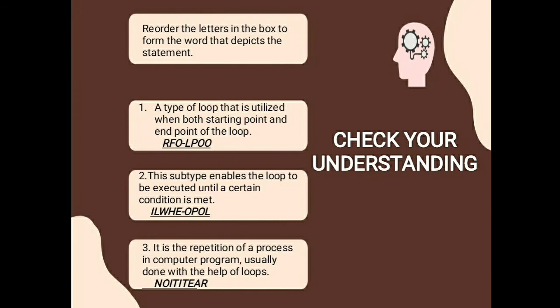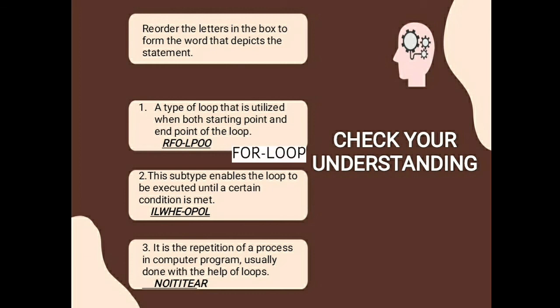Let's check your understanding by answering this test. Reorder the letters in the box to form the word that completes the statement. Number 1. A type of loop that is utilized when both the starting point and end point of the loop are known. And the answer is for loop.